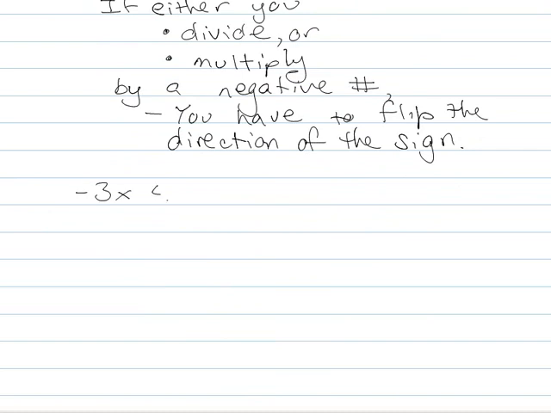Okay, so if you've got something like negative 3x is less than or equal to 6, just like you would if you had negative 3x is equal to 6, you'd divide both sides by negative 3 and get x equals negative 2. You can do the exact same thing here.